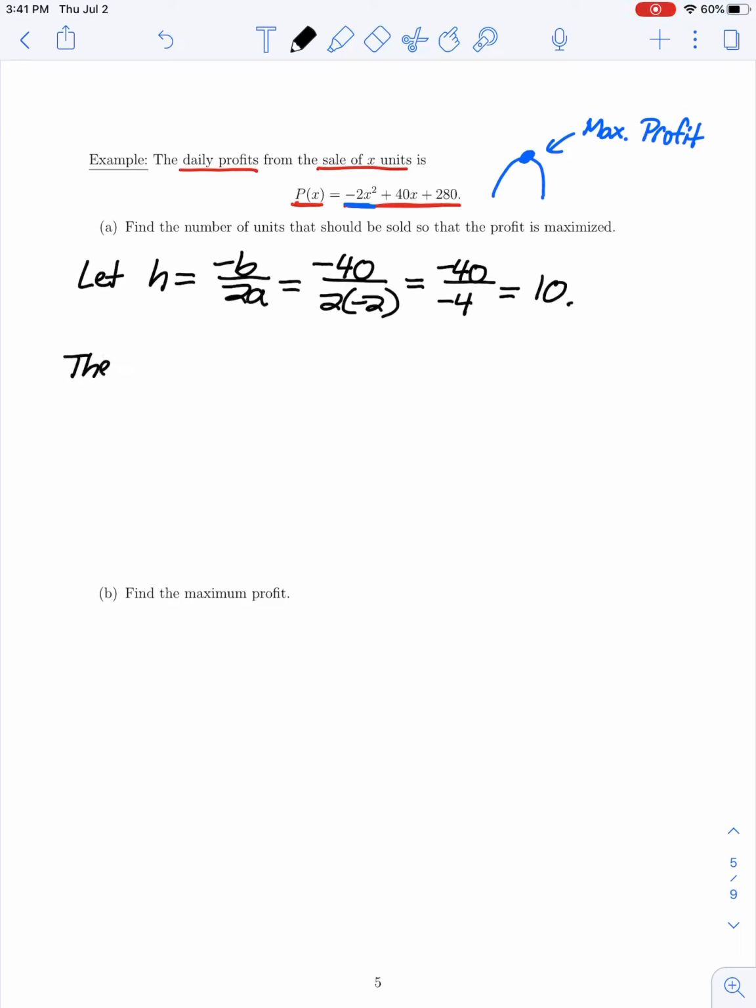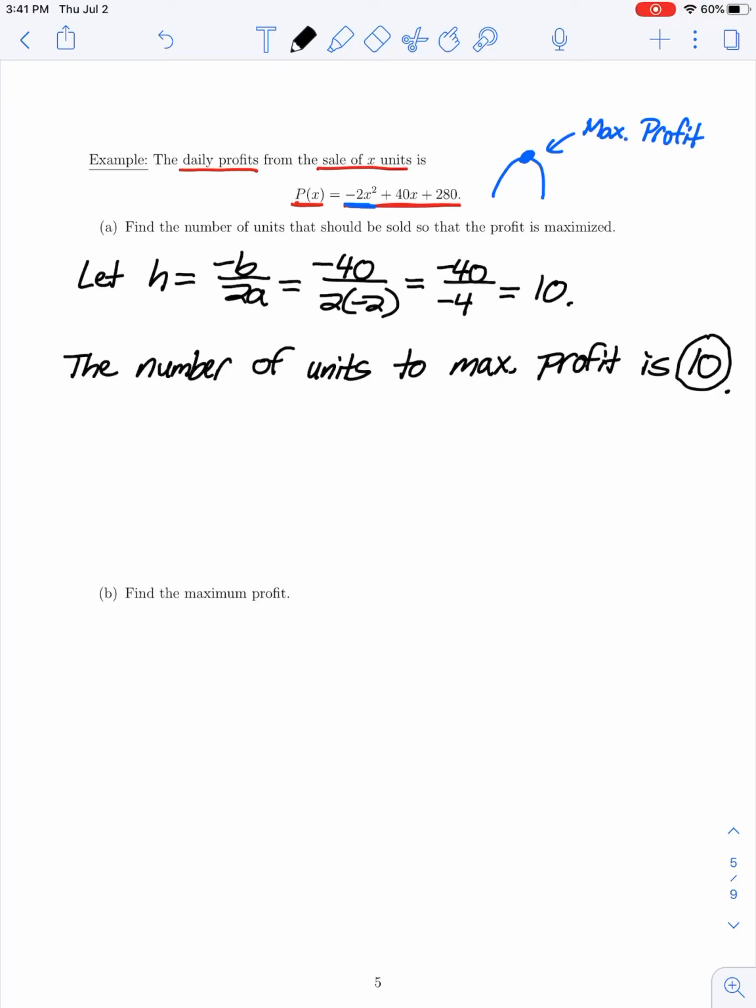So this is the number of units that we would want to sell. So we'll say the number of units to maximize profit is 10 units of whatever commodity is being sold here. We're not given what we're selling in the problem statement.